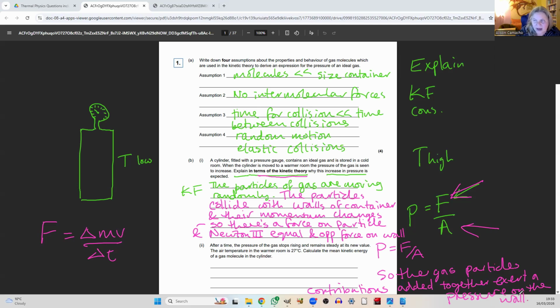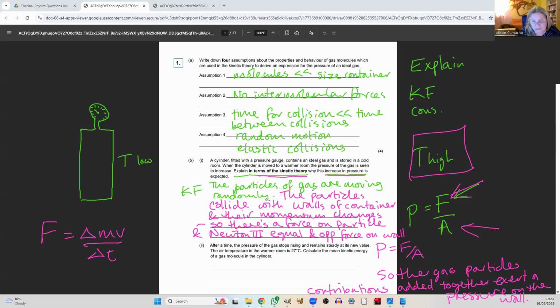Now we still haven't explained why the pressure increases when the temperature goes up. So we've got to modify this explanation of pressure to explain why the pressure goes up.